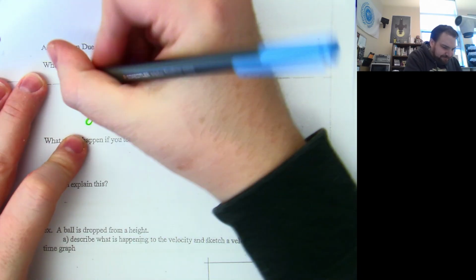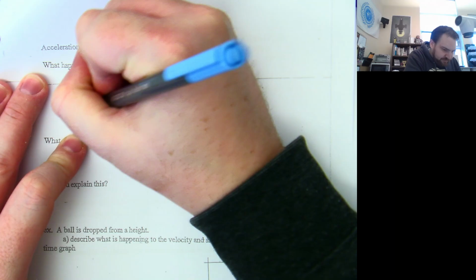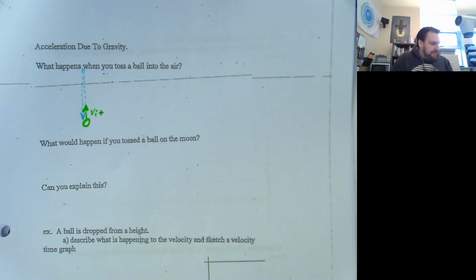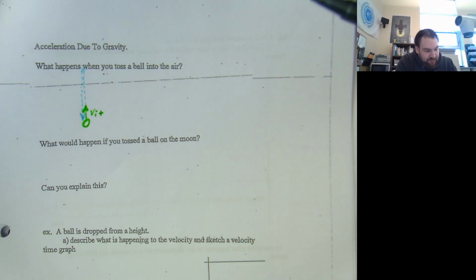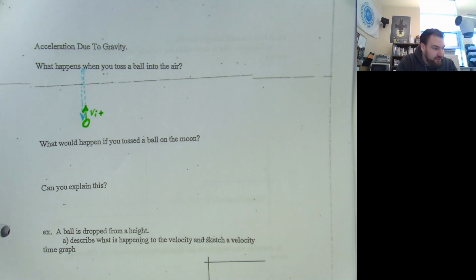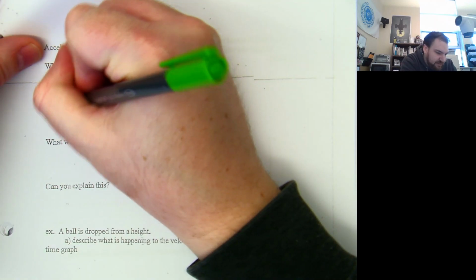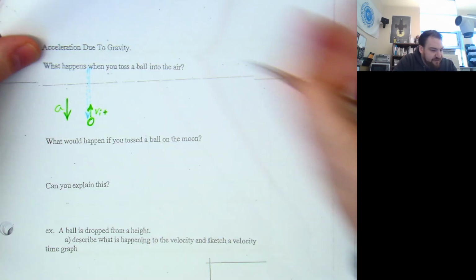So the thing goes up, and then you said the thing comes back down. If it goes up and then comes back down, you say gravity is acting on the thing. Which way does gravity have to be acting? Which way does gravity act? It pulls things down. So the acceleration due to gravity is downwards.